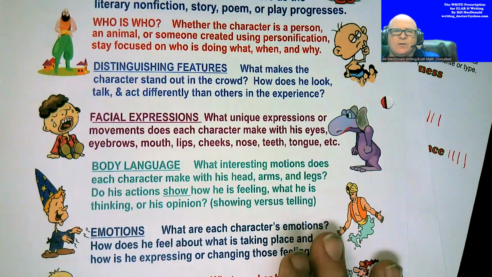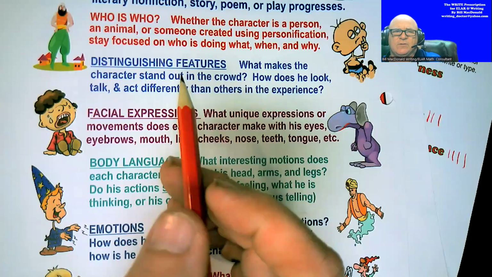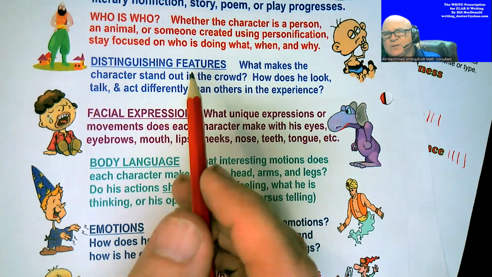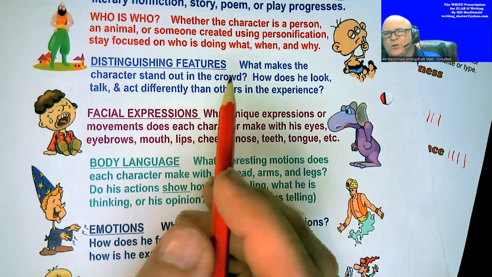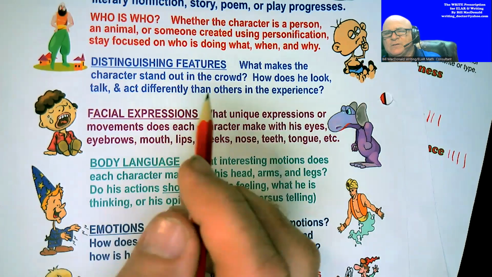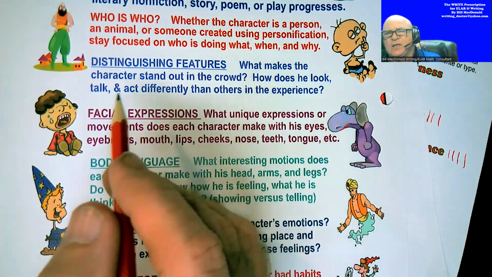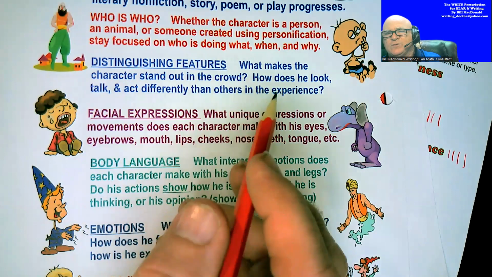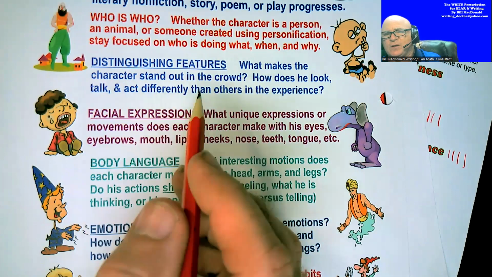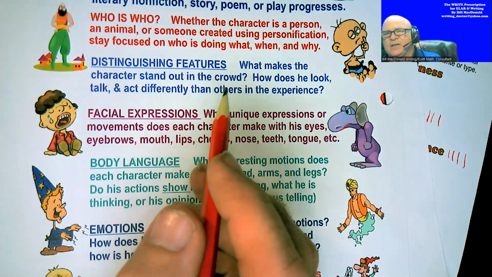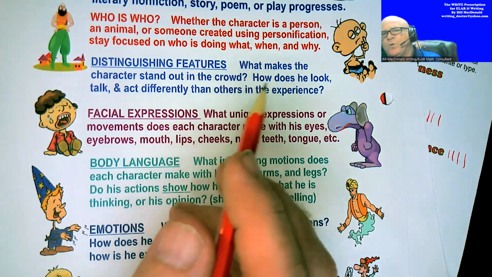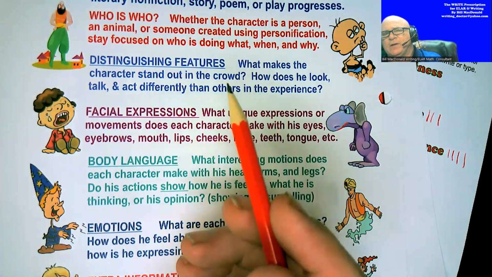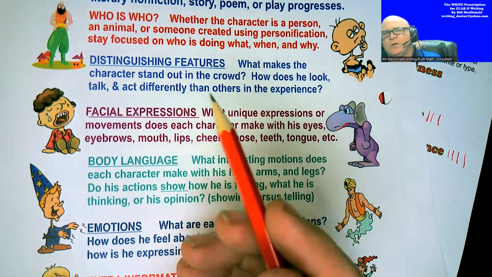The ones I want to focus on are the distinguishing features, not the way she looks necessarily, but if you look right here, how does he, and in this case she, talk and act differently than the others in the experience? She shows determination by not giving up on the camping trip, while the others are willing to either cry or make excuses or do alternatives.